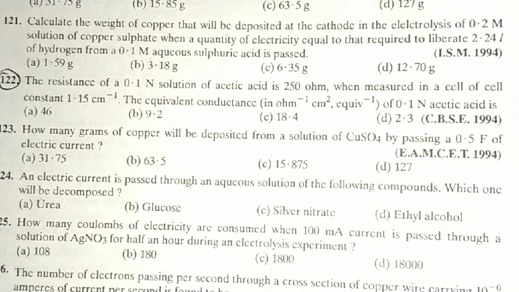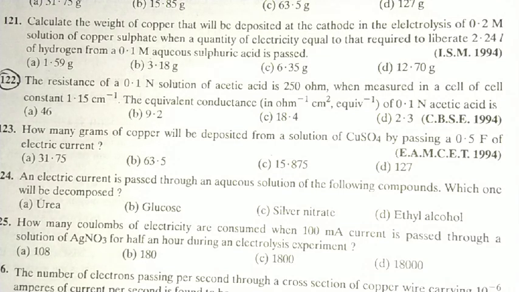Calculate the weight of copper that will be deposited at the cathode in the electrolysis of 0.2 M solution of copper sulfate when a quantity of electricity equal to that required to liberate 2.24 liters of hydrogen from 0.1 M aqueous sulfuric acid is passed. See here, it seems two experiments are done. One is the 0.2 M copper sulfate solution experiment.